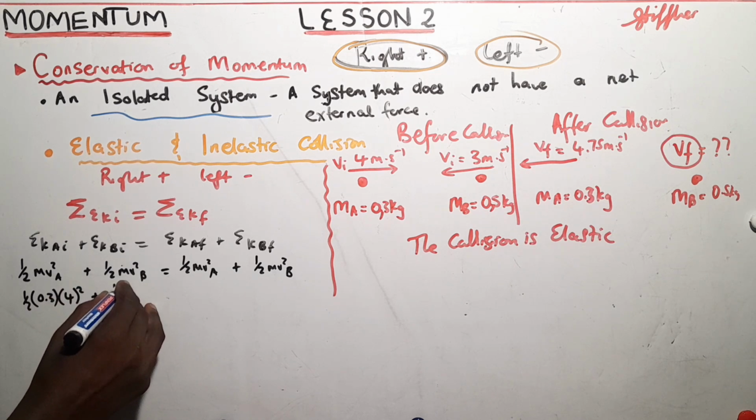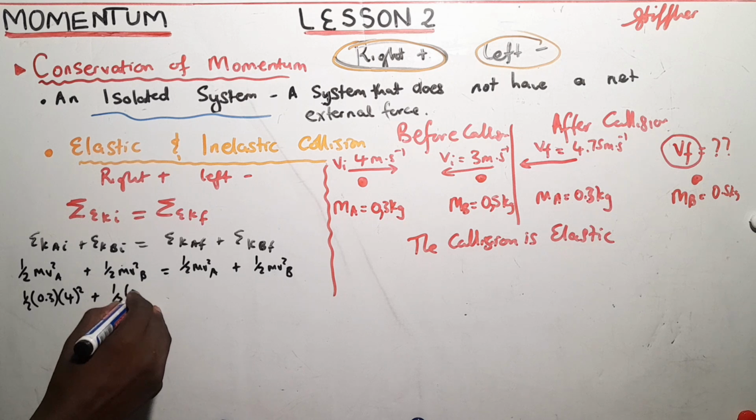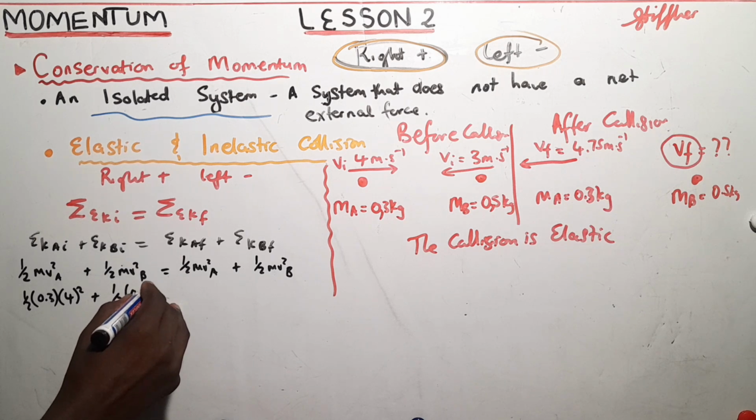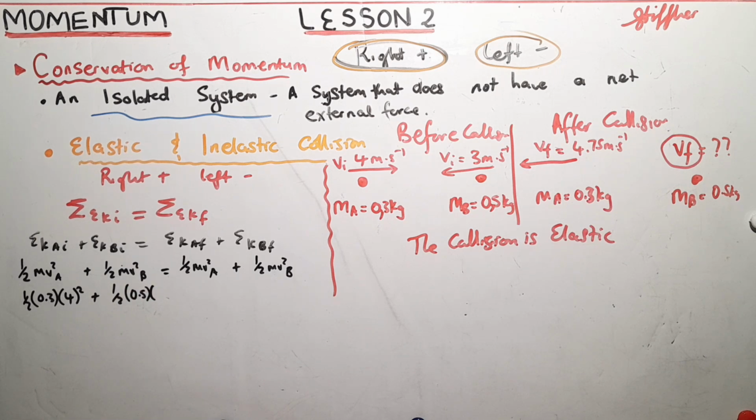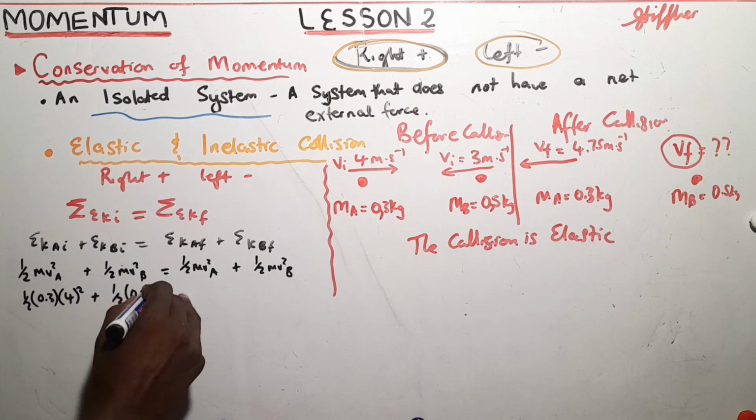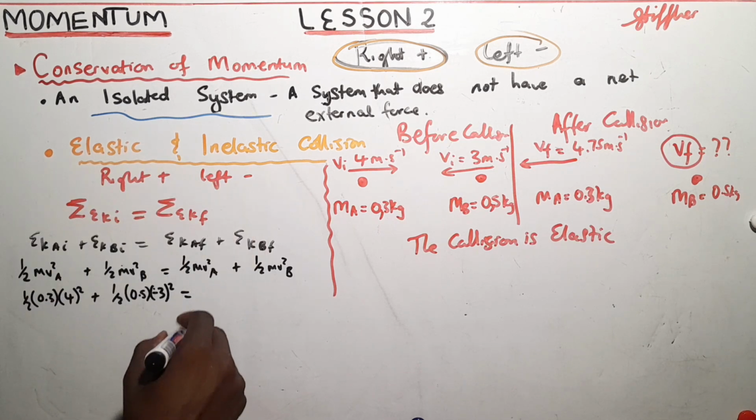And the same thing, half, the mass being 0.5, and the velocity there being negative 3 since it is going in the opposite direction.